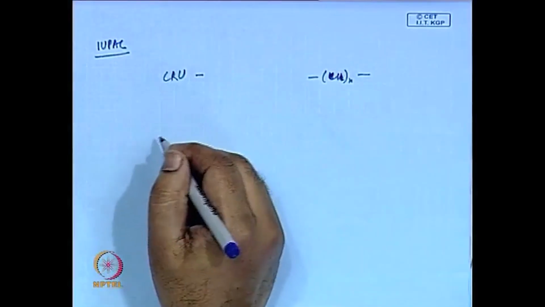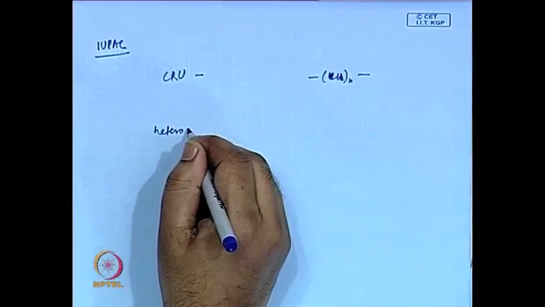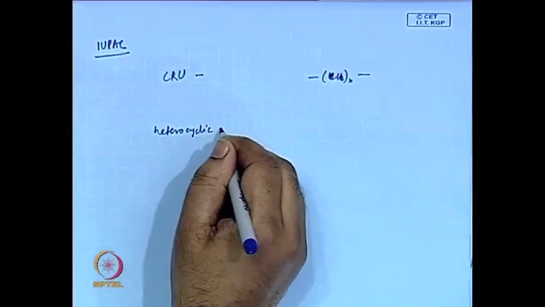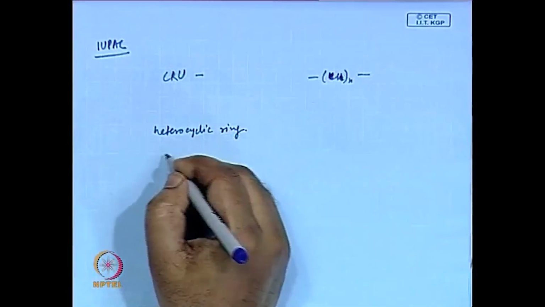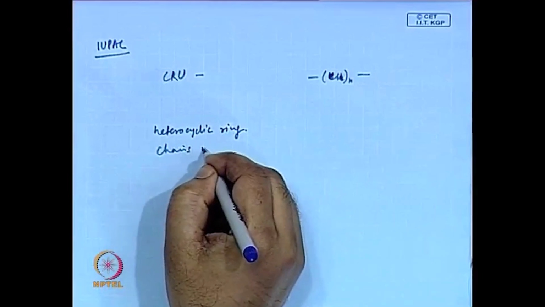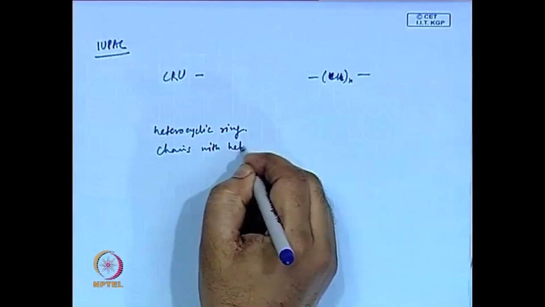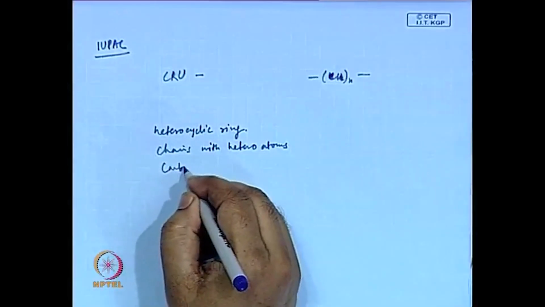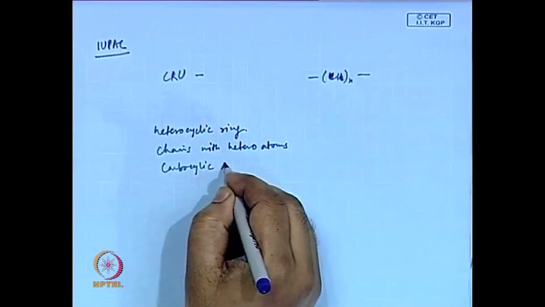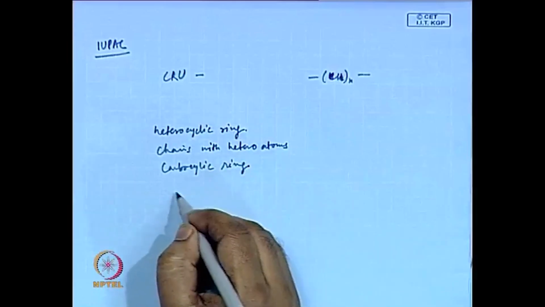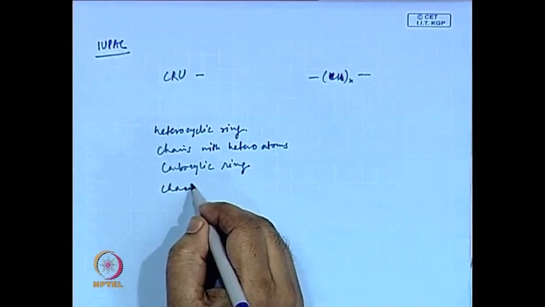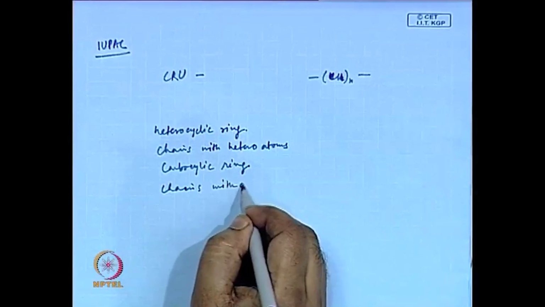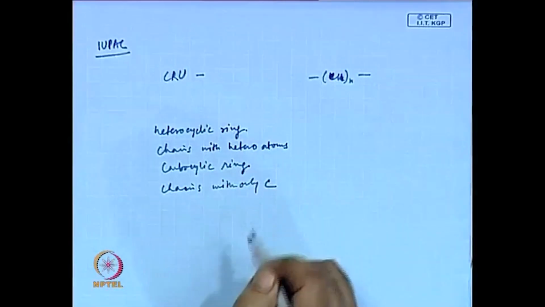You follow the order like heterocyclic ring, chains with heteroatom, carbocyclic ring, and chains with only carbon.